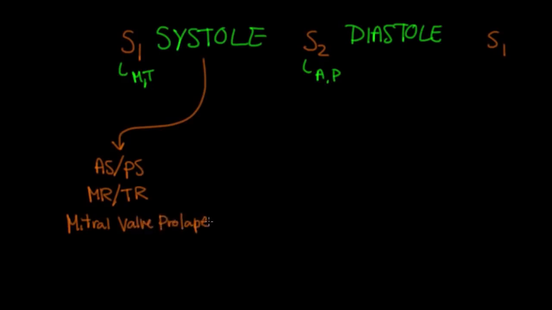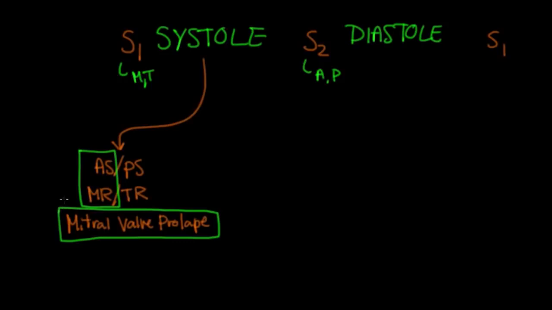And so the ones that we're going to talk about today are going to be the left-sided valvular conditions, so the aortic stenosis and the mitral regurgitation, as well as the mitral valve prolapse. And I just realized that I misspelled prolapse, and so we're going to fix that.